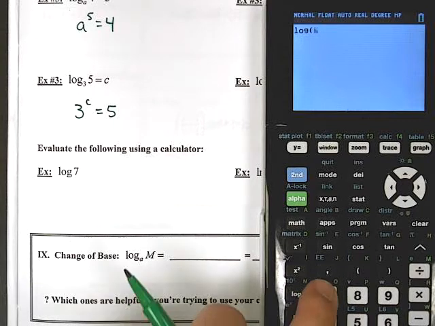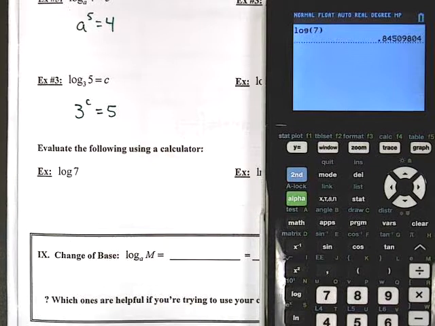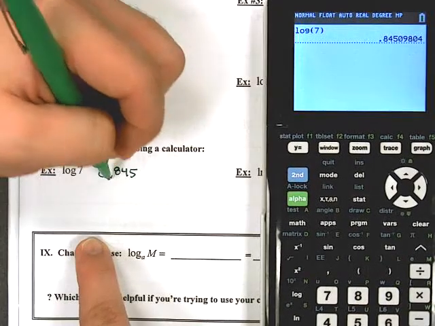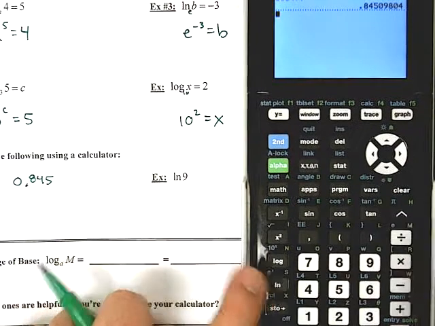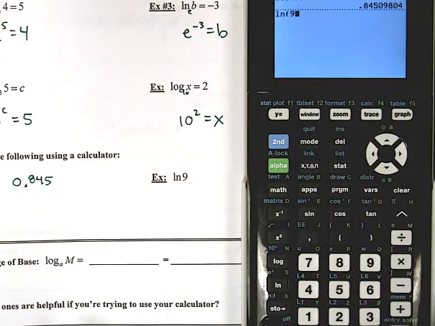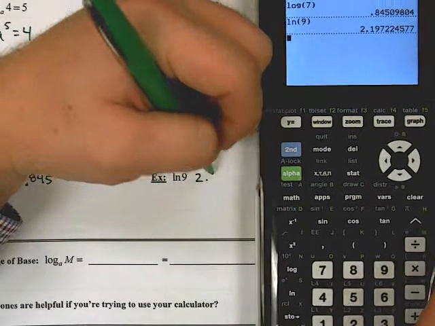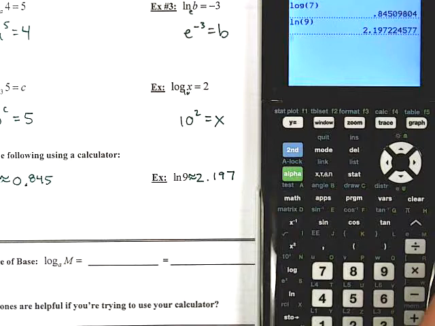So log of 7, excuse me, is equal to 0.845. And then we can do the same thing over here with ln of 9. ln is right below it. Natural log of 9 is equal to 2.197, or approximately, I should say, on both of those.